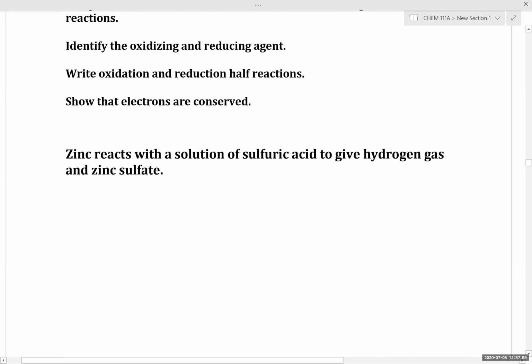And then once we have the balanced equation, I'd like you to identify the half reactions, the oxidation and reduction half reactions. And once you've identified the oxidation and reduction half reactions, I'd like you to show that electrons are conserved. So we'll spend about 3 minutes initially just writing out the chemical equation, and then we'll discuss once we have our balanced chemical equation.